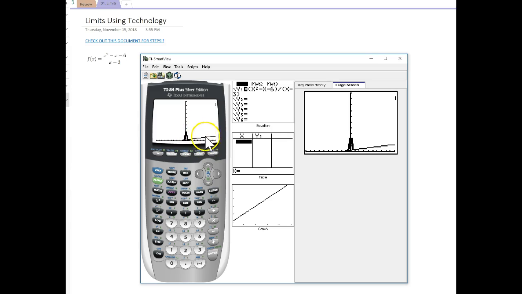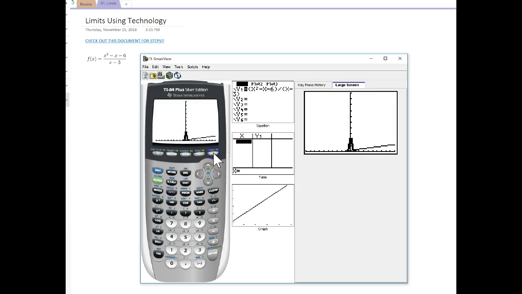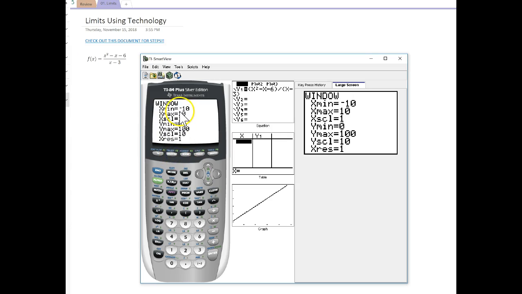That's my y1, but focusing on my y2, that 1 over x squared, which didn't update here. Go back. There it is. 1 over x squared. I should have an asymptote here, but if I look at my graph, it doesn't look like I have an asymptote there. And I can zoom in all I want, and it will still cause me the same problem.